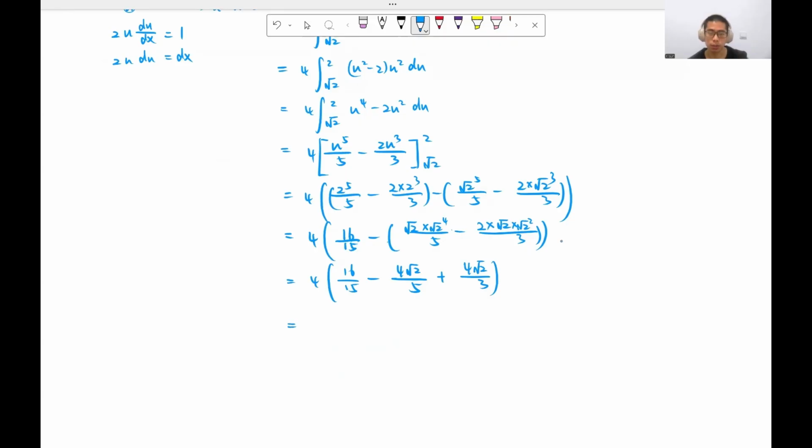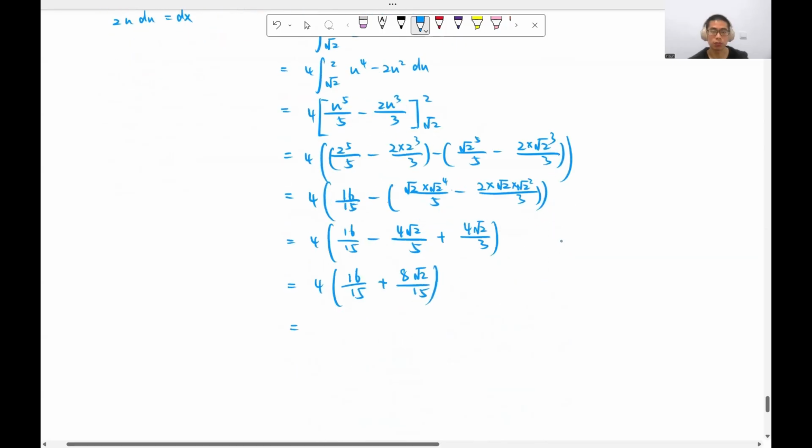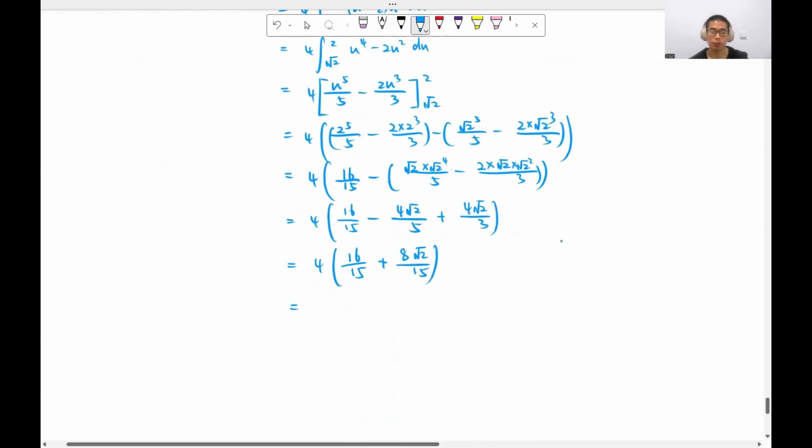So that'll be 4 root 2 over 3. So then that'll be 4 times 16 over 15, minus 4 root 2 over 5, plus 4 root 2 over 3. That will give us positive 8 root 2 over 15. So what form do they want? They want 32 over 15 outside. So we just factorize out the common factor.